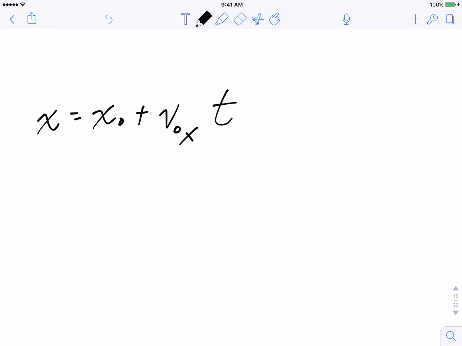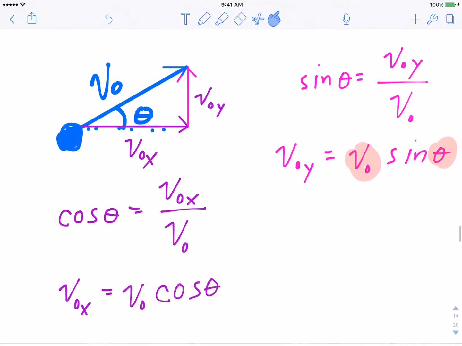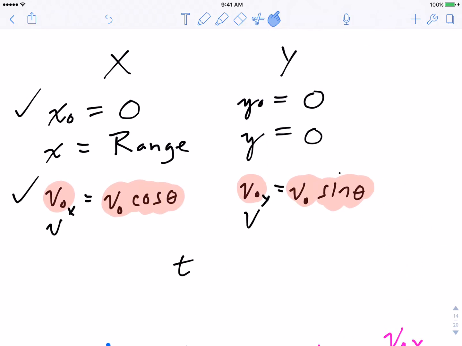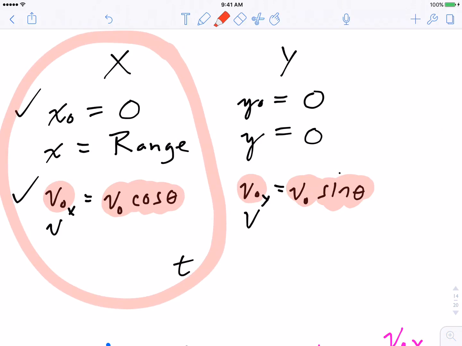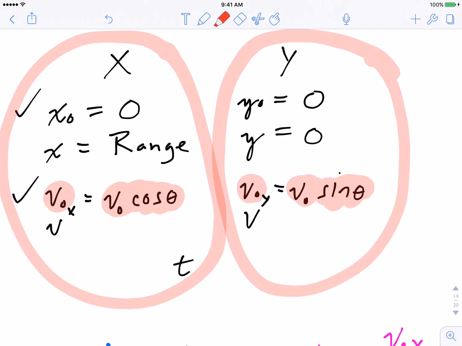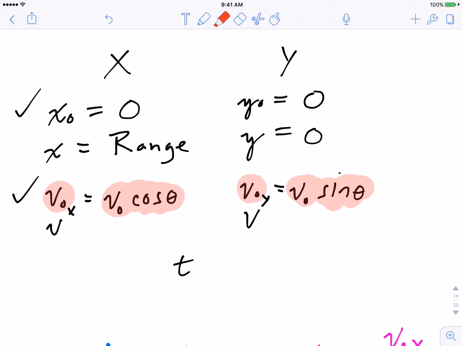The issue is, this is the only x-axis formula for a projectile because there's no acceleration on the x-axis, and I don't have the time. So just like we've done in the past, if I don't have the time for the x-axis, I'm going to come over to the y-axis to solve for time, because the time is the same for both of them.